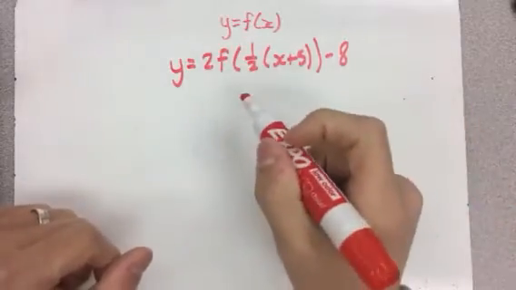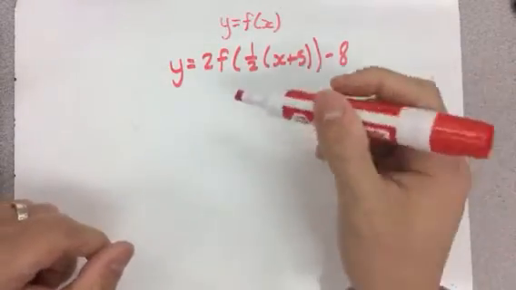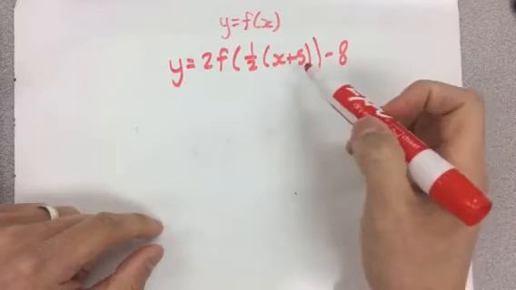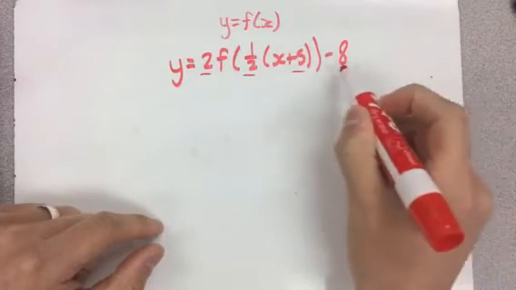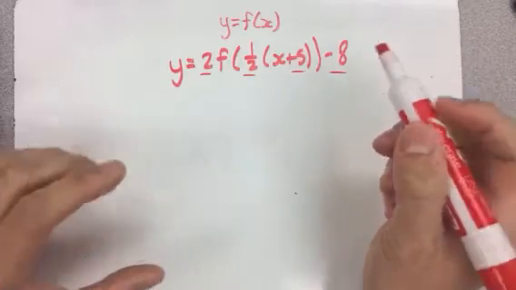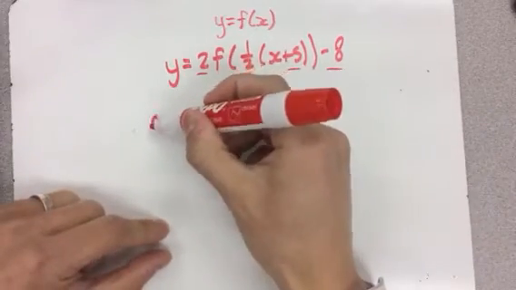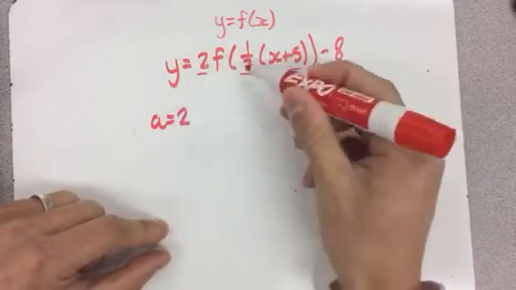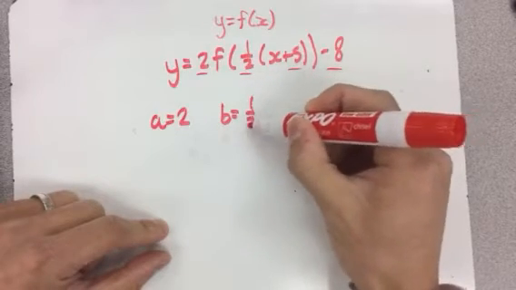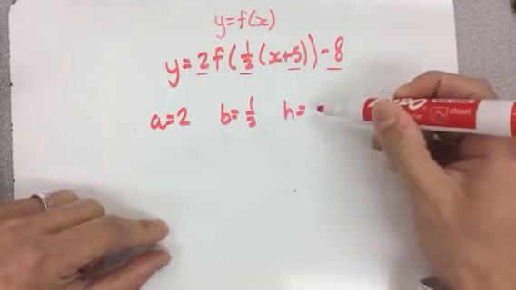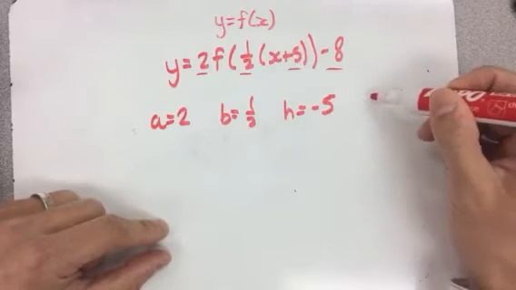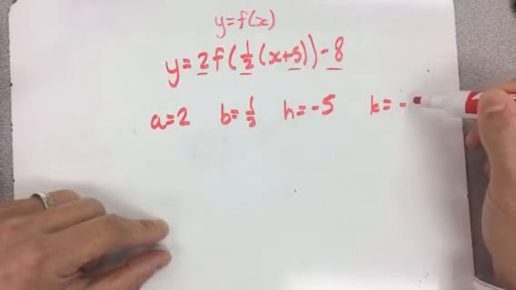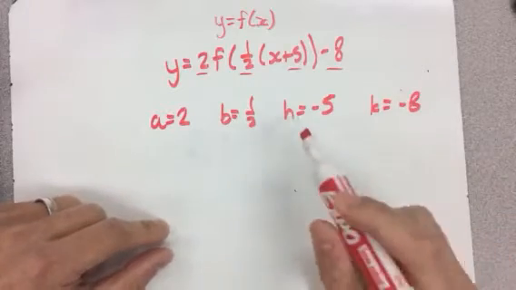So if the equation is written in the form that we previously saw, a, b, h, and k, then we want to state the values of all of those. So a is going to be equal to 2, b is equal to 1/2, and h is equal to -5, and k is equal to -8.